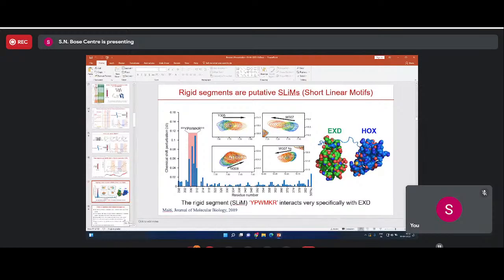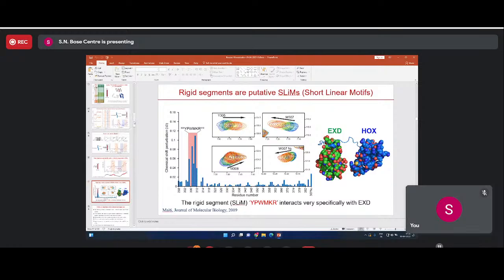Correct. So how will it change when you have DNA also? Because when you introduce DNA with charged residues, it gives more rigidity because of the interaction. I just want to know if there is any kind of allosteric effect, which part is interacting with DNA, and if that interaction can change the interaction with the partner.